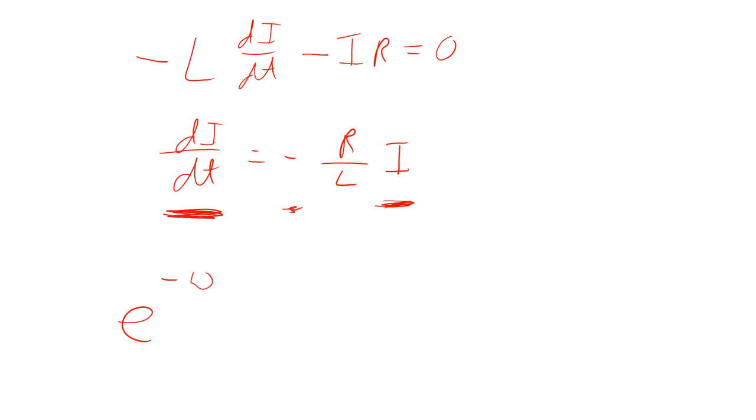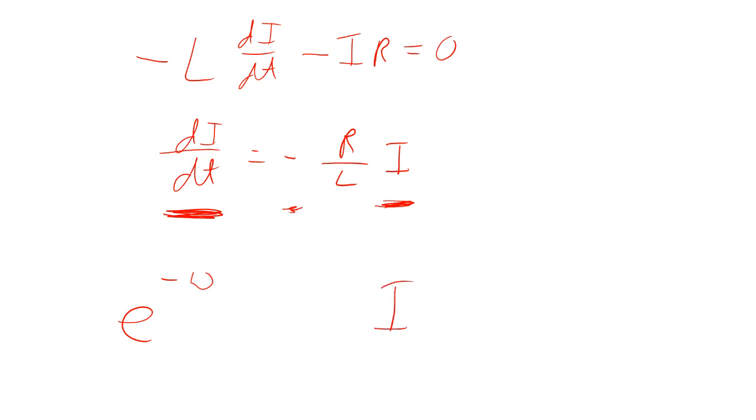We saw the same sort of thing when we did RC circuits. When we had a capacitor discharging, dq dt was equal to minus 1 over RC times Q, and that gave us e to the minus t over tau, where tau was equal to RC. So this is going to be the same sort of thing.